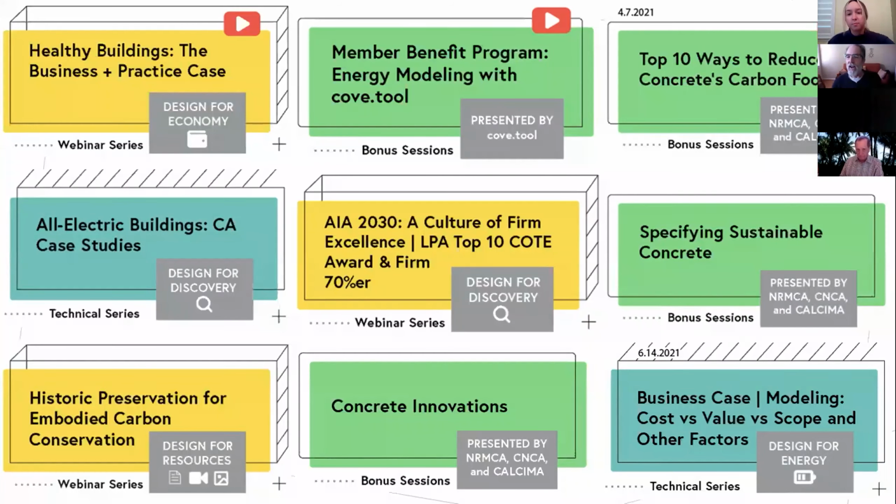Additionally, AIA California has partnered with various organizations with like-minded goals to bring bonus content to you in the comfort of your own office, or your own home these days. As always, all webinar content and additional resources will be available on the AIA California website shortly after the session.